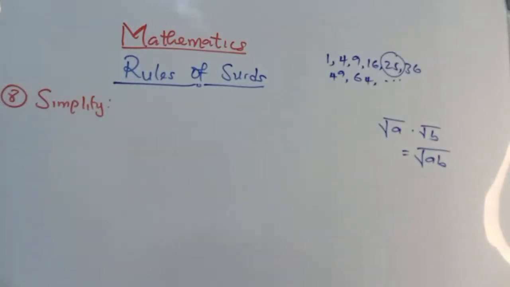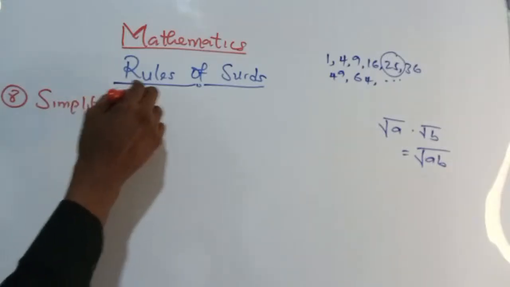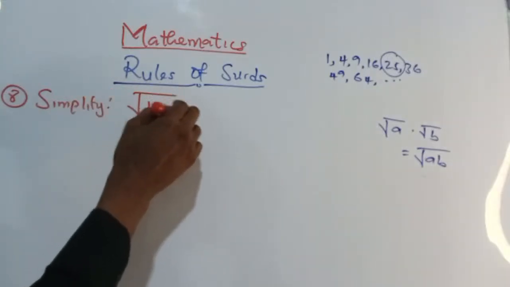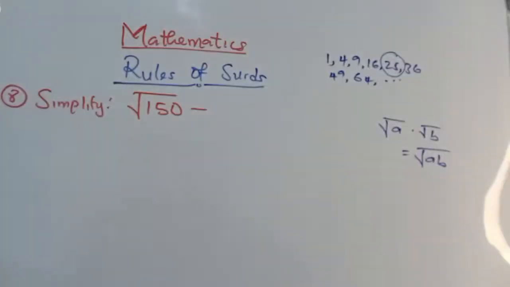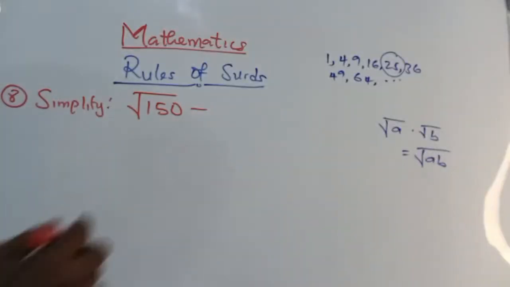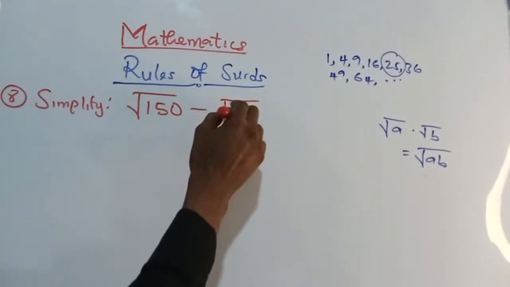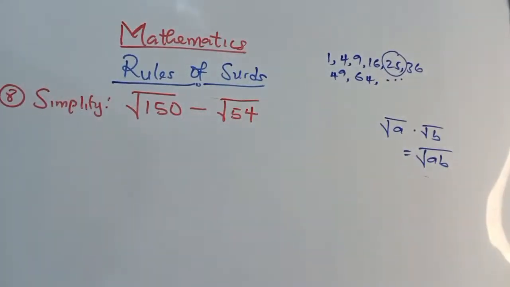We have to simplify the square root of 150 minus the square root of 54.